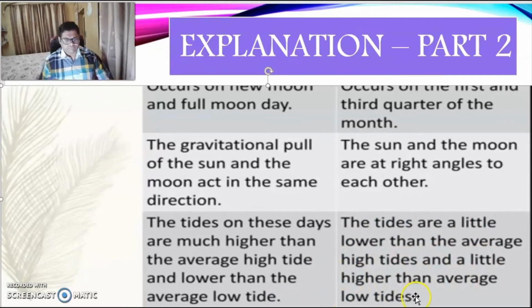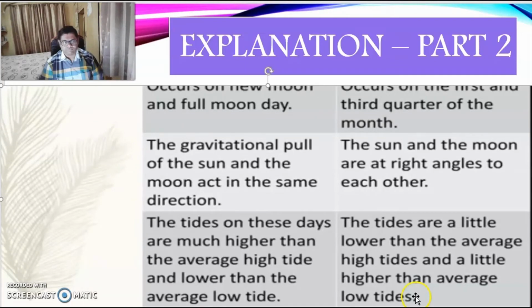So comparing spring tides and neap tides, on spring tide days the high tide is higher compared to the average high tide and the low tide is lower than the average low tide. On neap tides, the high tides will be lower than the average high tides and the low tides will be higher than the average low tides.